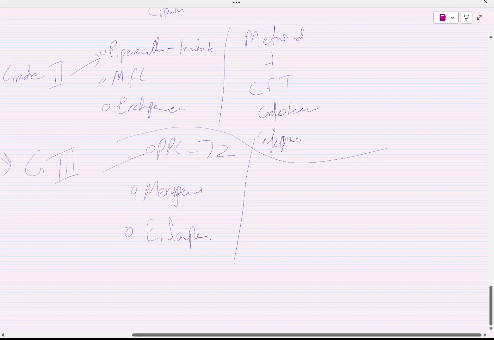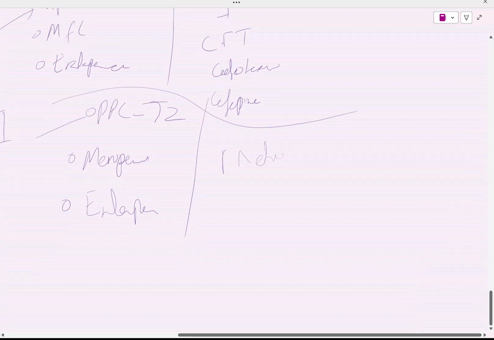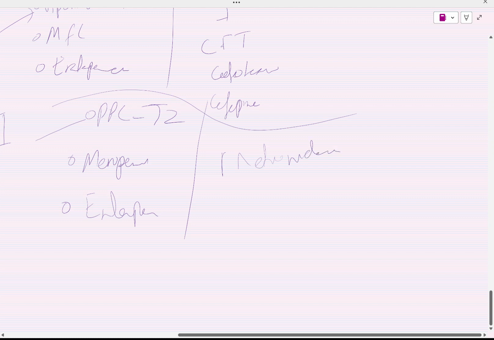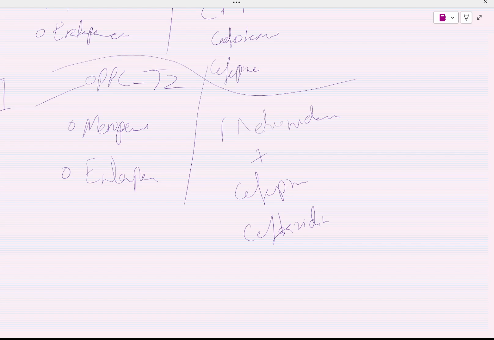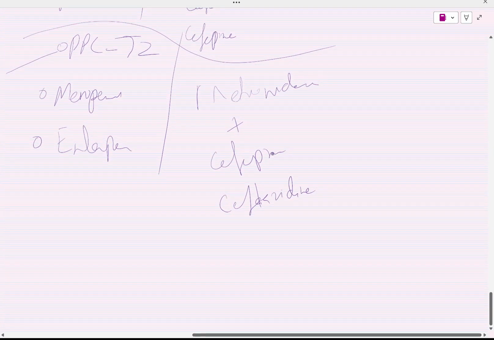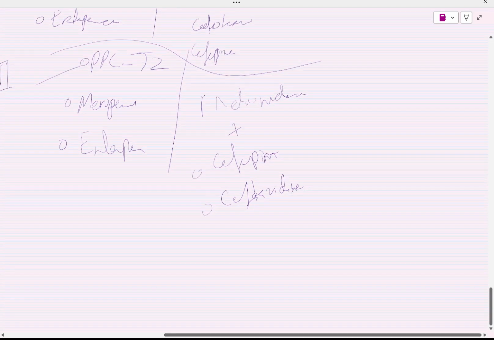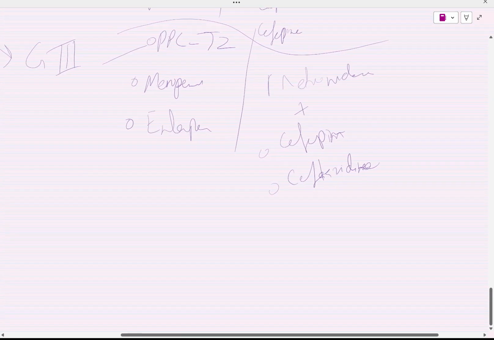Alternatively, you can give metronidazole plus cefepime or ceftazidime. Yes, I remember these. Cefepime or ceftazidime. You can give these antibiotics according to severity.